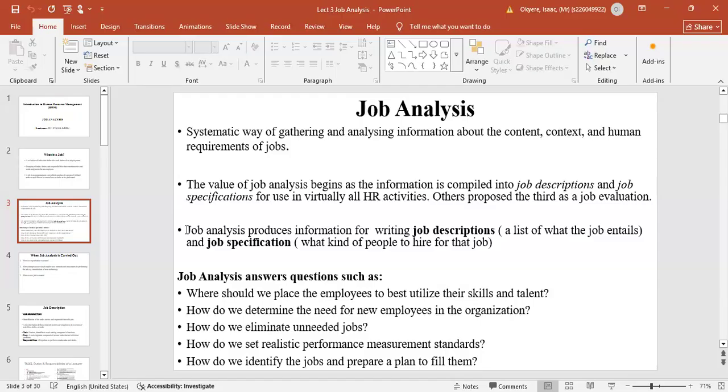Four, it answers the question of what qualifications you need to come to this job. It answers the question of what your qualifications are for you to come to this job.